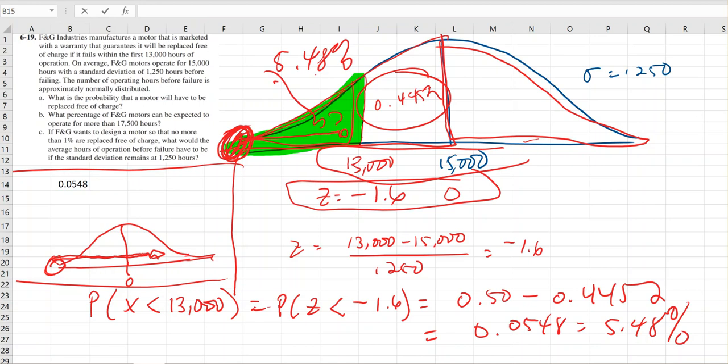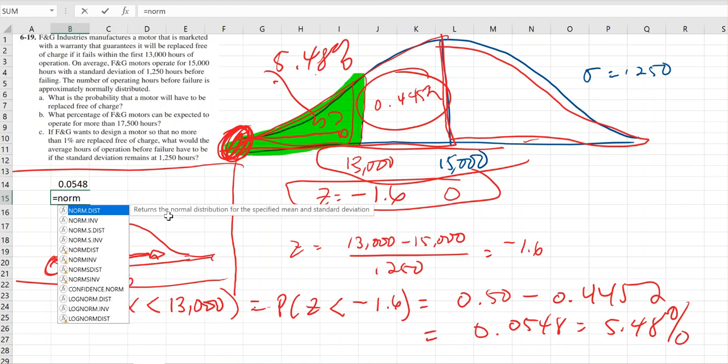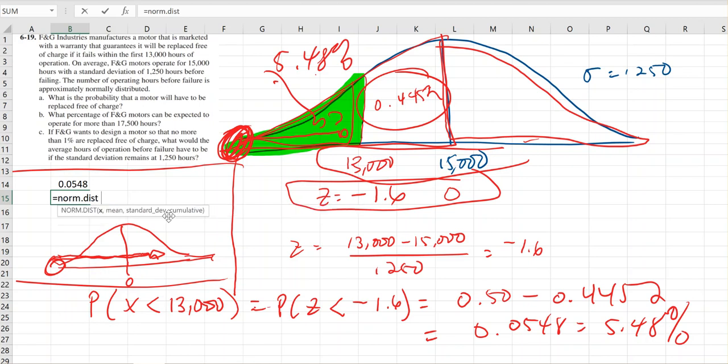By the way, Excel also has a function to figure out the standardized z-score automatically for you if you don't want to calculate using the formula. So I'll just quickly show you that. Equals NORM, but not .S. .S means standardized. .DIST bracket.